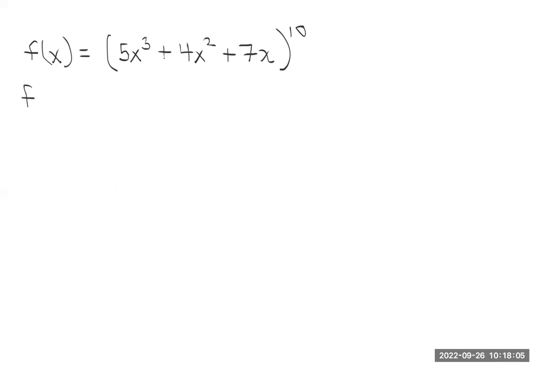Okay, so let's say that we have f of x is 5x cubed plus 4x squared plus 7x to the 10th power, which no way, no how do I want to work out the long way. Give me a break. Use the general power rule. Find me the derivative for that and just get the pieces and quit.